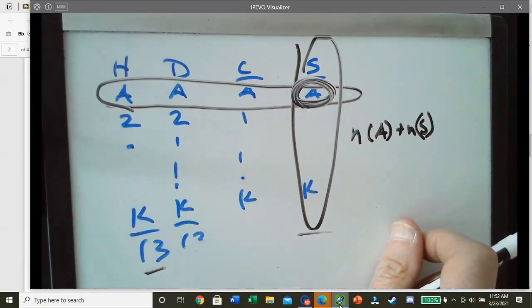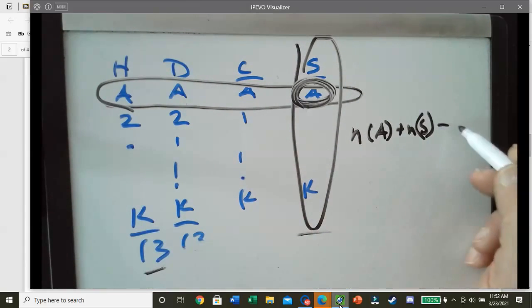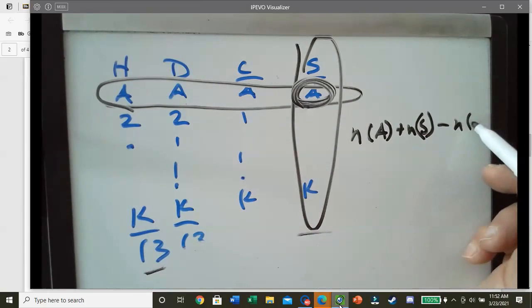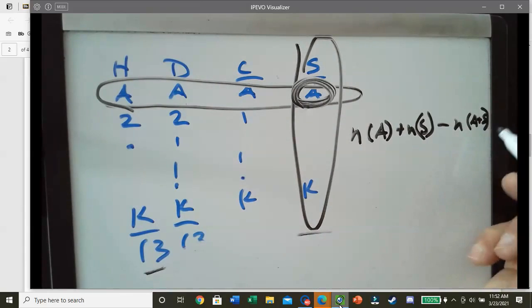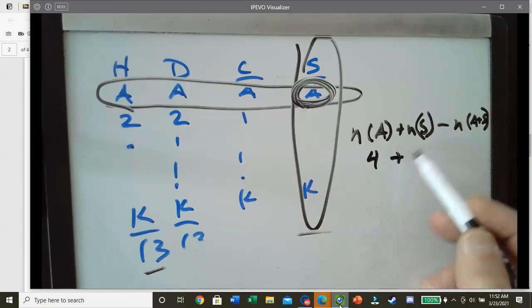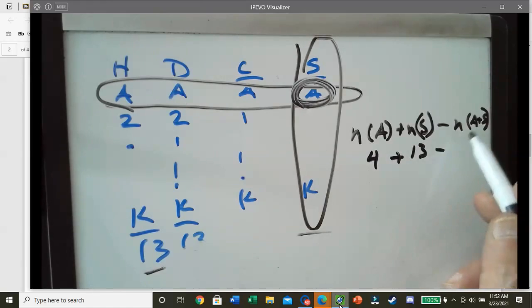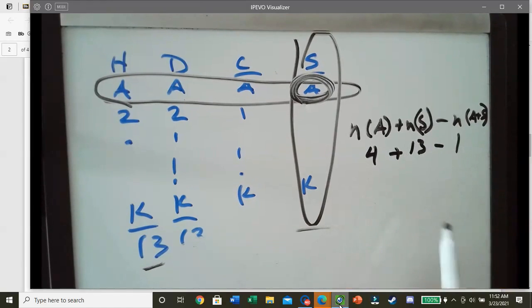Yeah, the ace of spades, right? So you have to subtract the number of ace of spades. Well, there's 4 aces and 13 spades, but there's only 1 ace of spades, right?